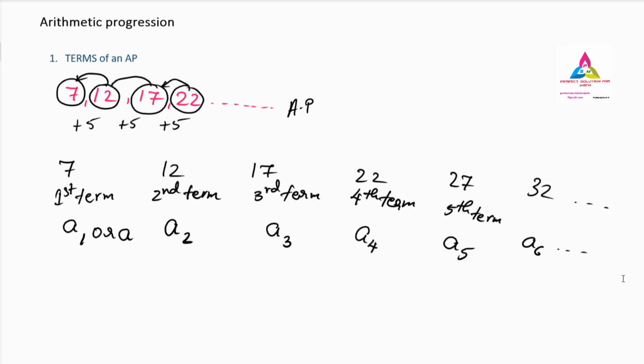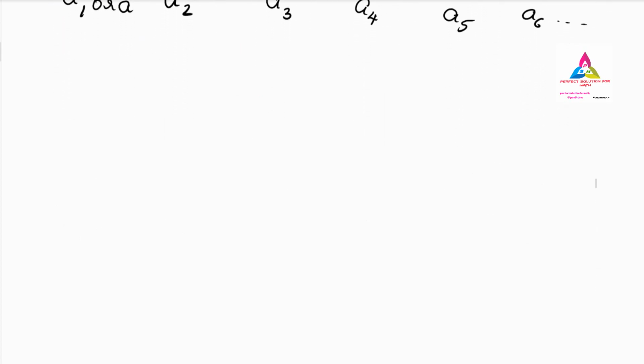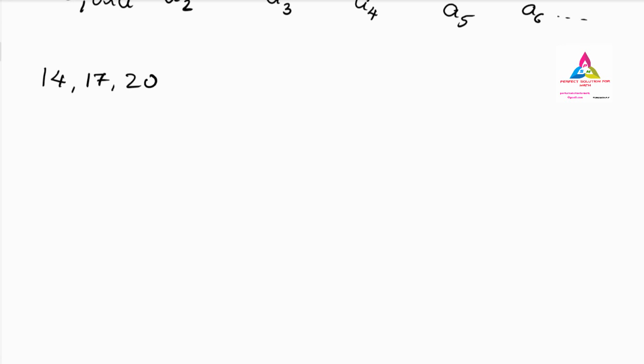We can understand this better with one more example. The numbers are 14, 17, 20, 23, 26, and so on. And I will write one more number over here, that is 47.